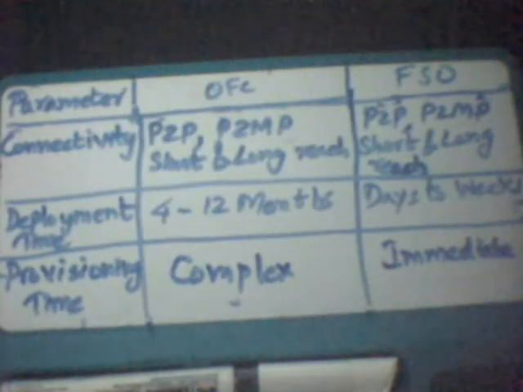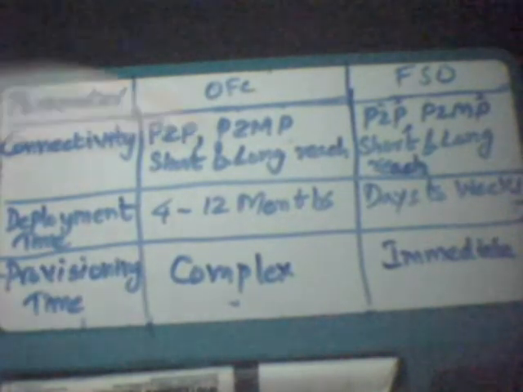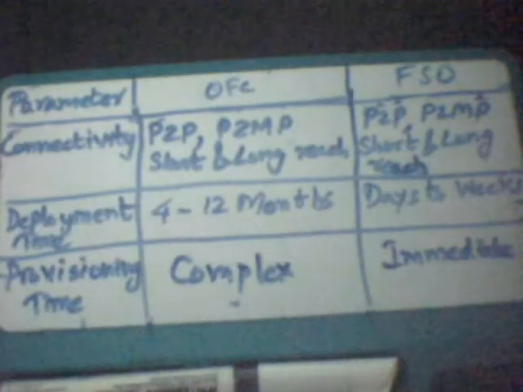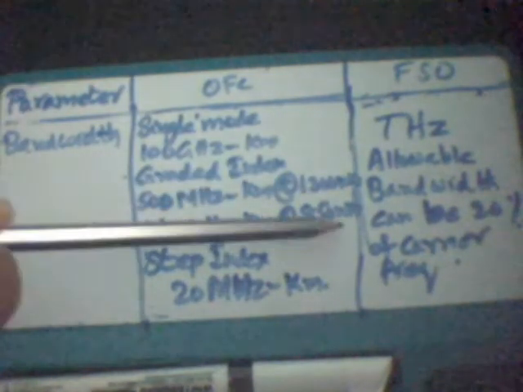The provisioning time depends on many factors in the case of optical fiber communications, whereas for free space optics it is immediate. With respect to bandwidth, for single mode fibers it is 100 gigahertz kilometer, and for graded index it is 500 megahertz kilometer at 1300 nanometer wavelength, and 160 megahertz kilometer at 850 nanometer wavelength. So there is a dependency on wavelength.